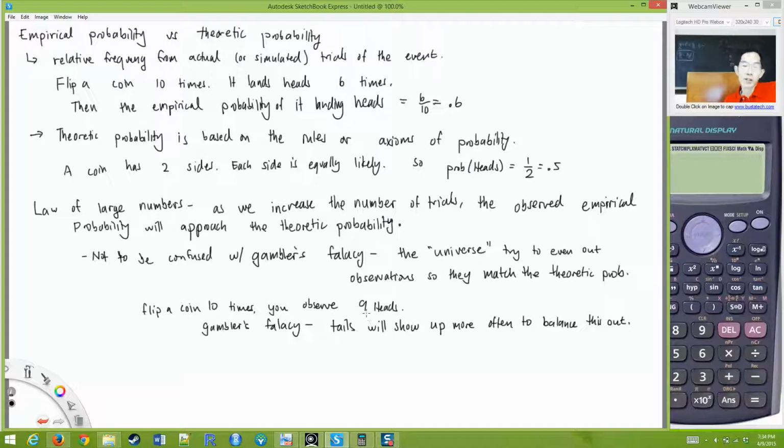whatever appears over there will just overwhelm anything unusual that you see here, okay? So the law of large numbers would be more like, if we do another 1,000 coin flips, we expect something around 500 heads and 500 tails.